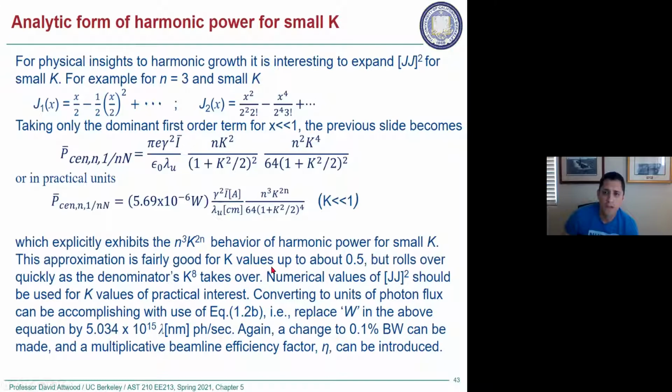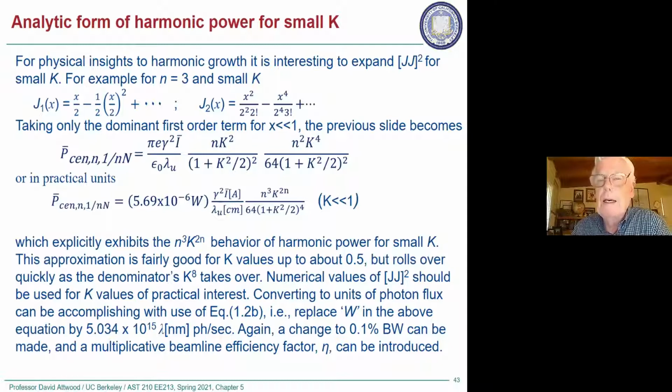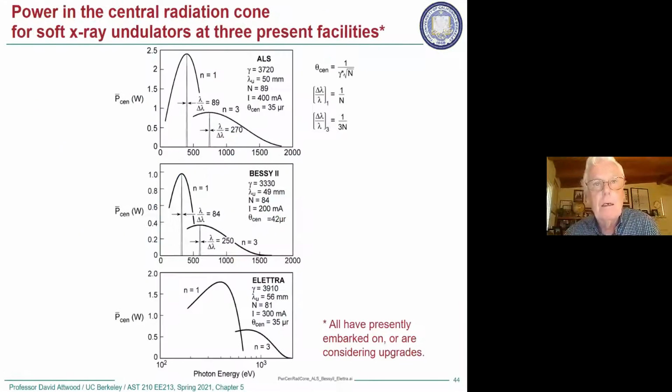I have a question on the K being much smaller than 1. What's the order of magnitude that we're talking about with respect to K? Yeah, good question. Remember we had a power curve versus photon energy, and I told you that the peak of this curve actually occurs for K equals the square root of 2. It's one of the homework problems. This is like K equals a half down here.